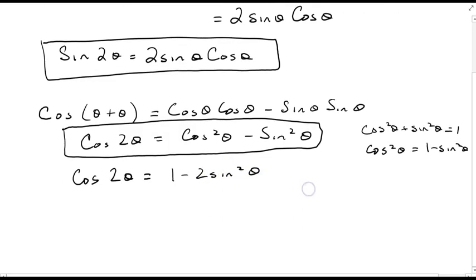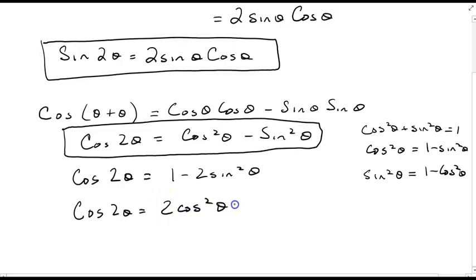And if I replace it the other way, meaning sine squared theta is 1 minus cosine squared theta, then replacing the sine squared theta gives me cosine squared theta minus 1 plus cosine squared theta. That's going to give me 2 cosine squared theta minus 1.